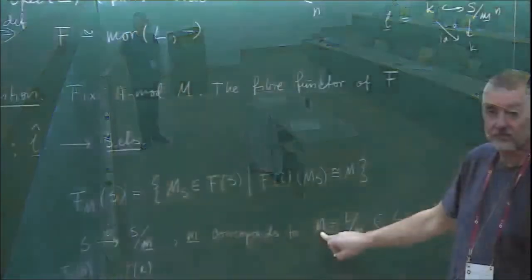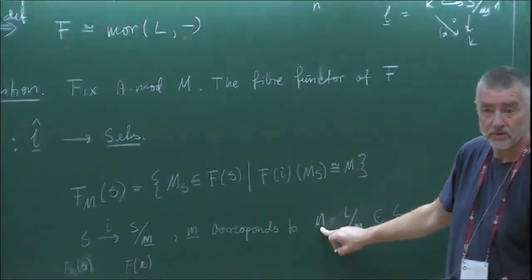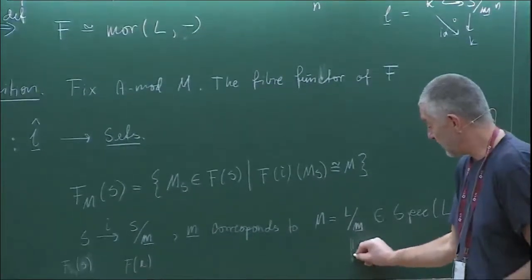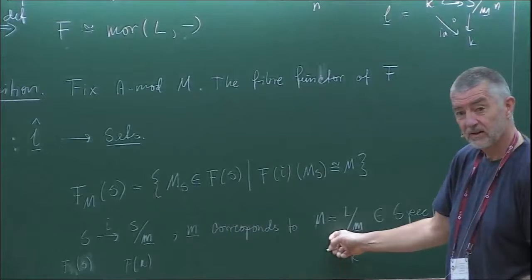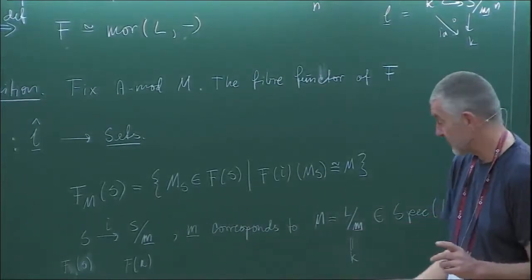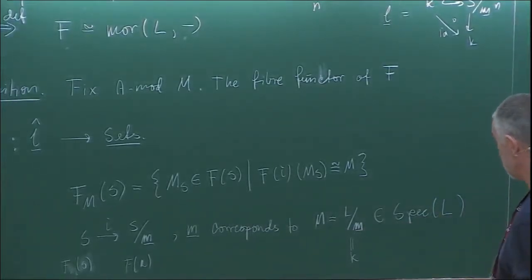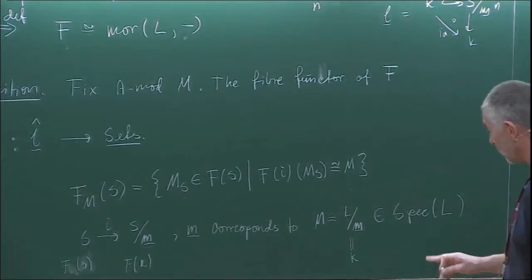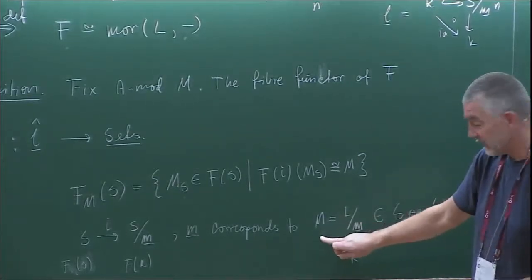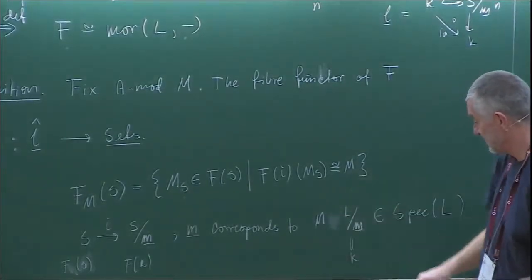This is a module. It's an A module. And it's even an A module isomorphic to k. Yes, okay. So the module M is not equal to this one.